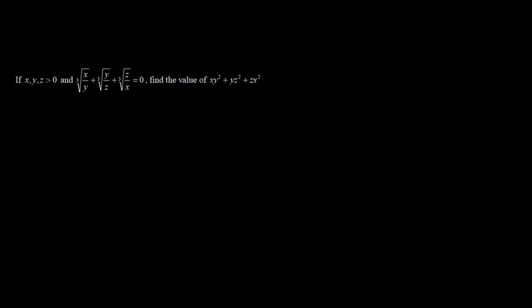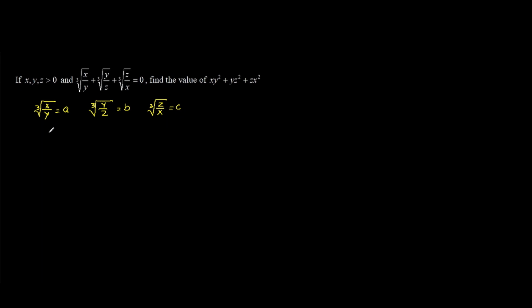We shall apply a few properties of factorization in this question. We begin by assuming the cube root of x over y equals a, the cube root of y over z equals b, and the cube root of z over x is equal to c.